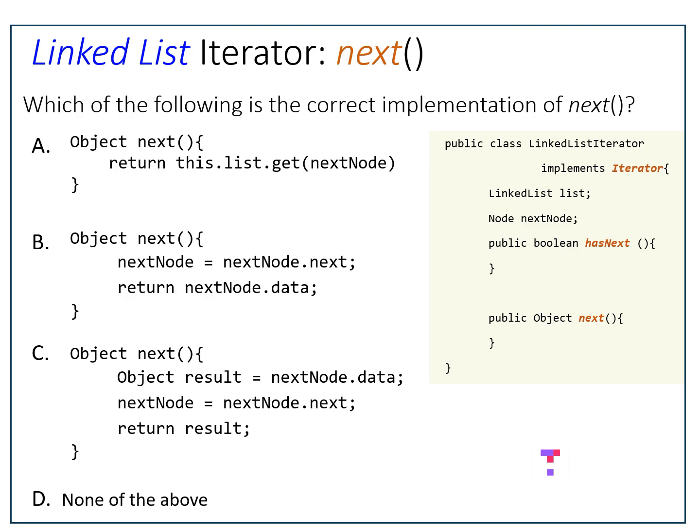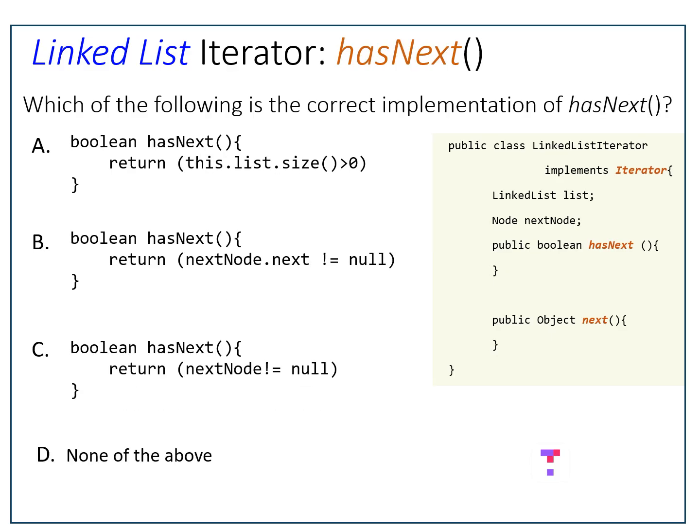So if you understood what we want from our next and hasNext to do, try to select the correct implementation in Top Hat. First, try to select that for next. And now select the correct implementation for hasNext.